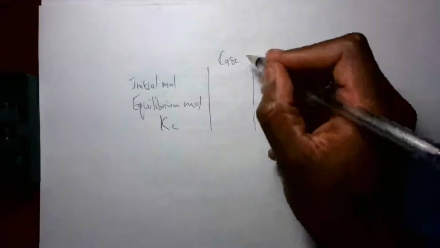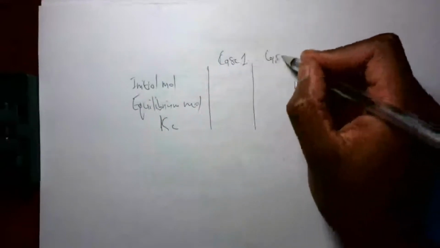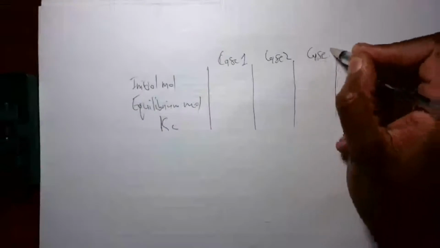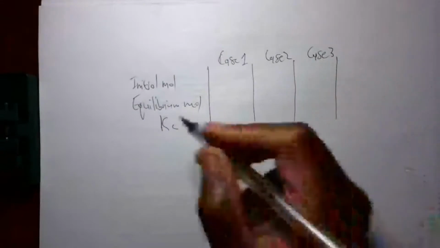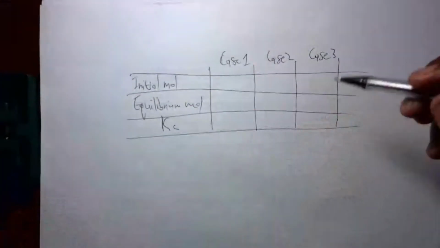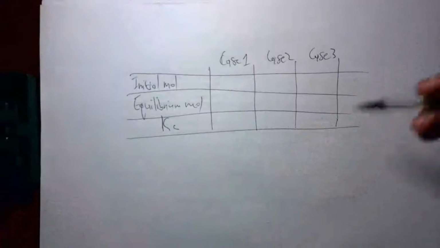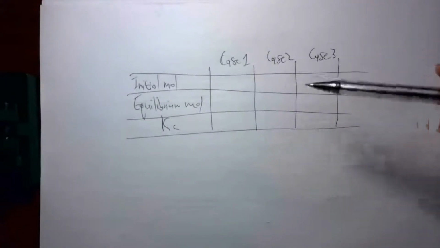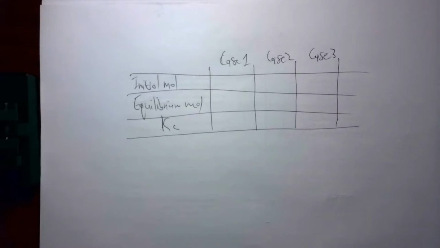I like to break this problem into three parts, three cases: case 1, case 2, and case 3. For each of these, we just have to use our table to check which case it is.